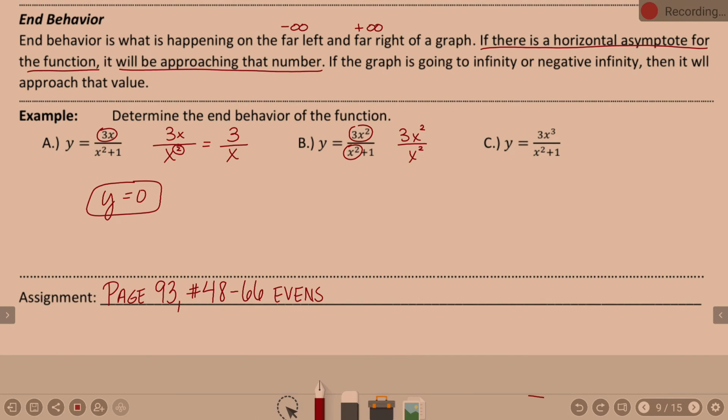These powers match, yes? Go back up to your rules from above. When the powers match, what are we using? The coefficients. So you can forget the x squareds and think 3 over 1, which is 3.